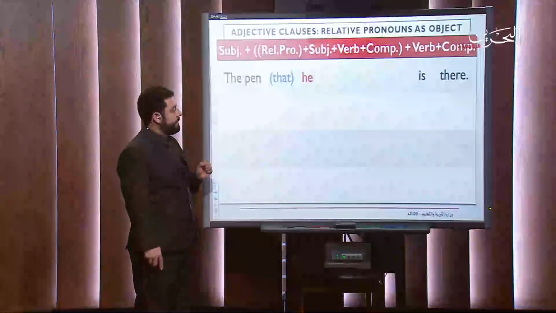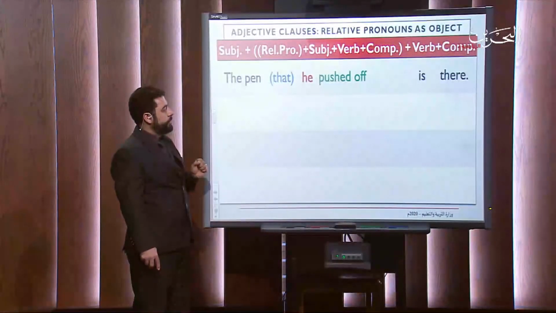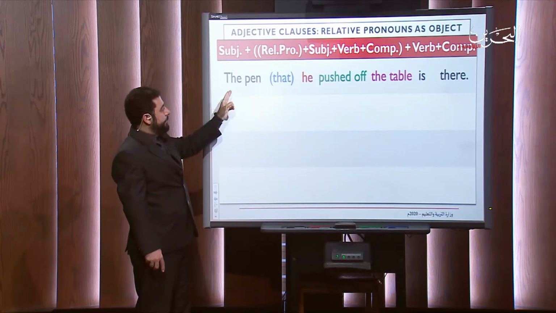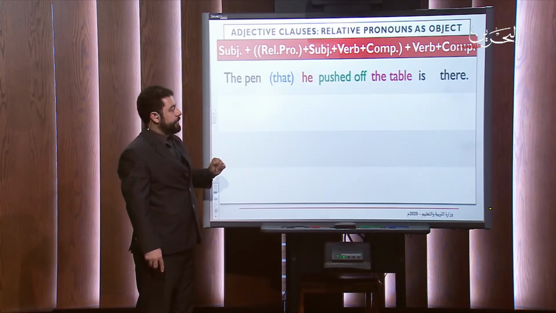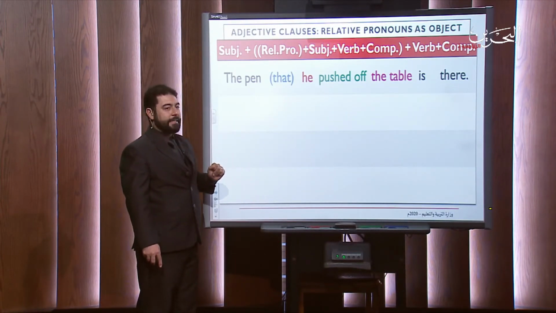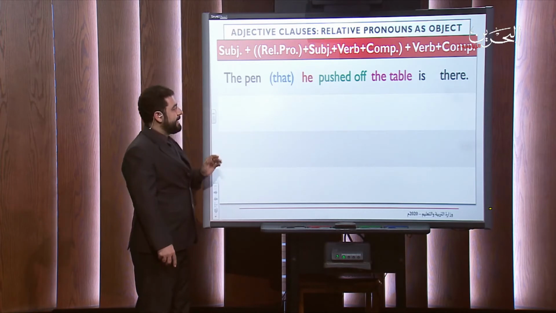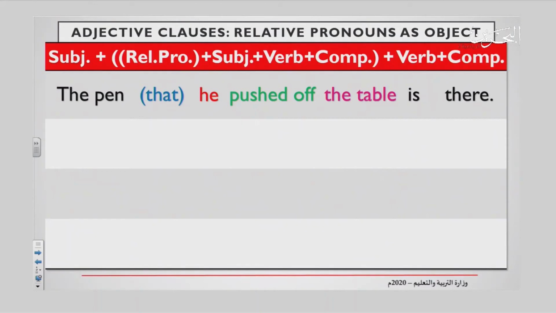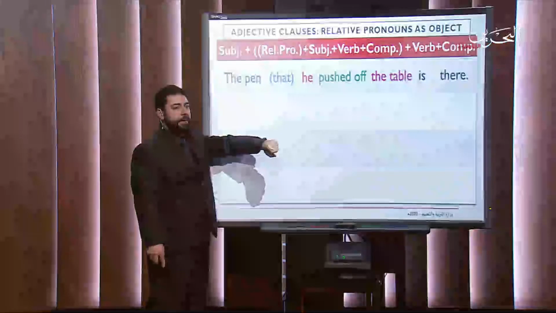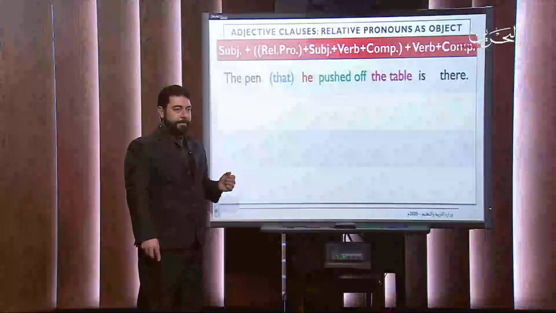So, that he pushed off the table. The pen that he pushed off the table is there. And if we take out that, the pen he pushed off the table is there. You see? Both sentences are correct, with that or without that.